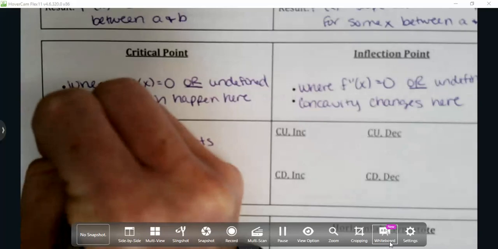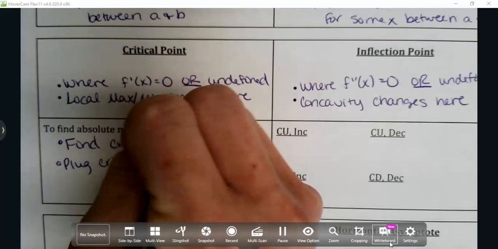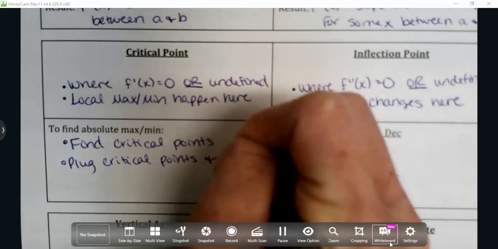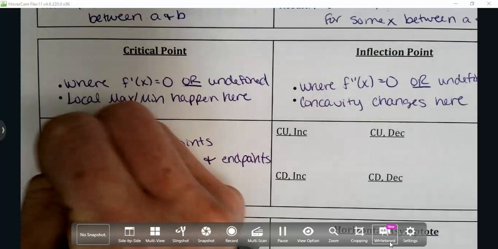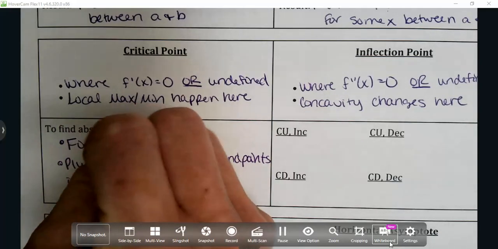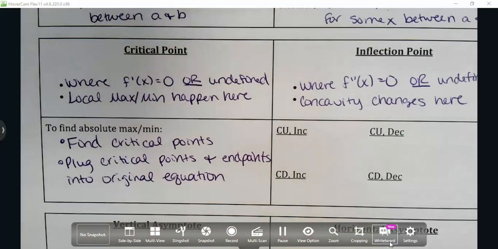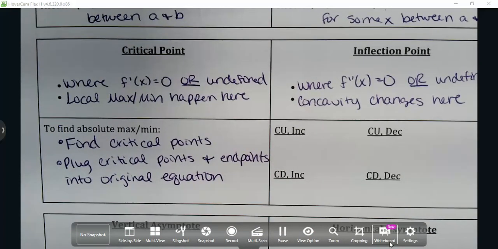Plug critical points and endpoints into the original equation. And we know then the highest is our max and the lowest is our min. If I don't give you endpoints, can you find the absolute max and min? No, we have to have endpoints in order for that to work.